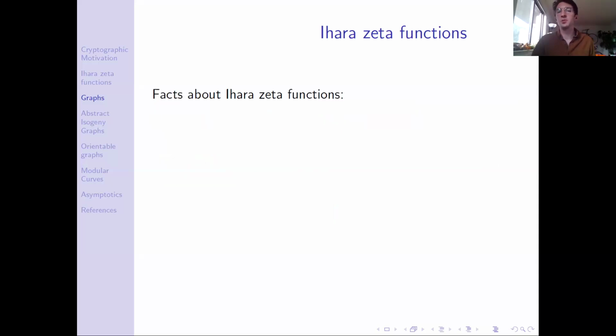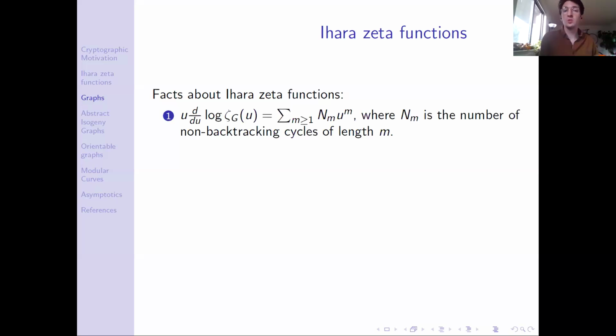But the point of doing this is we have this Euler product, and we can use this to recover the number of non-backtracking cycles of a given length, right? So you take the log, you take the derivative, and you get just a usual generating function where the coefficients are the number of non-backtracking cycles of a given length.